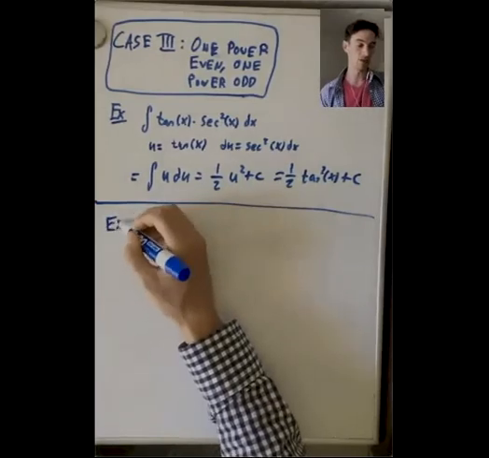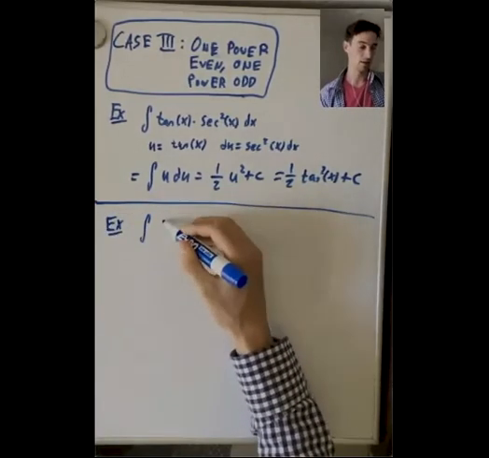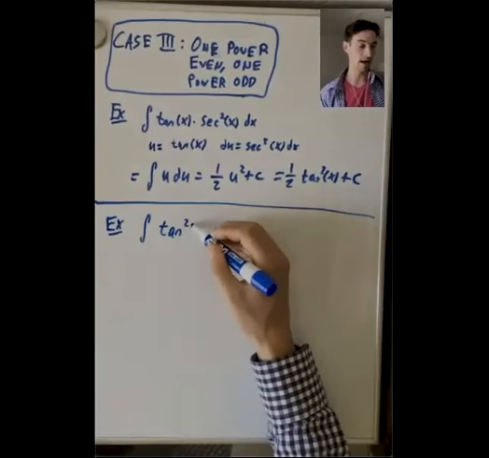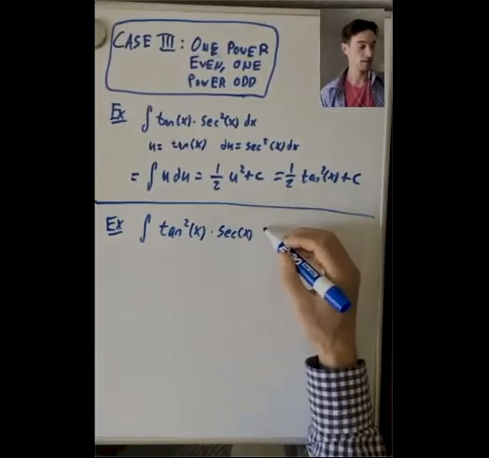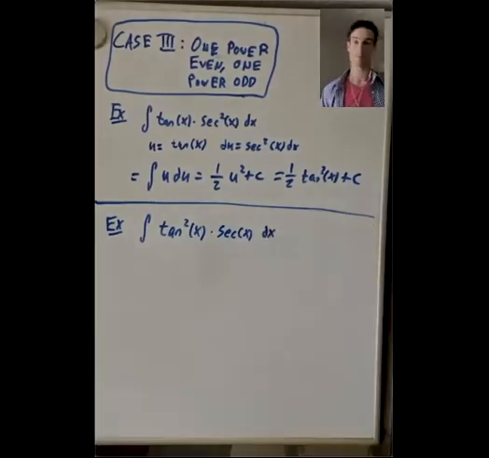But if you change it just a little bit to the integral of tangent squared x times secant x dx, it's not so clear what to do.